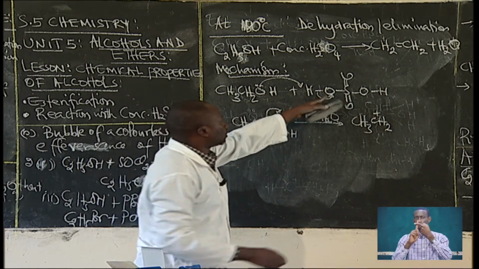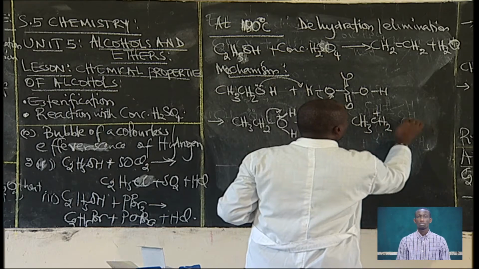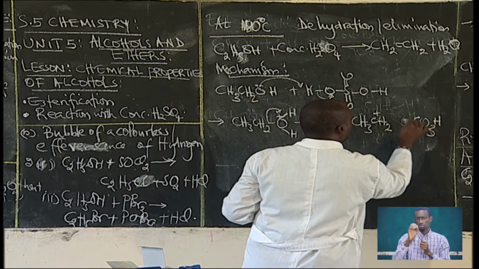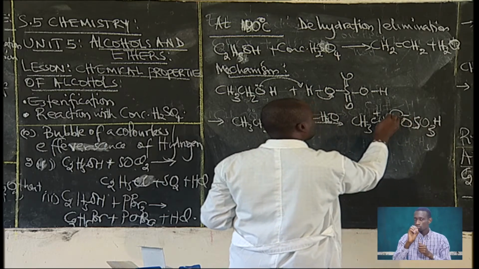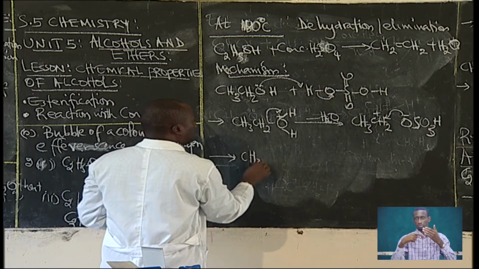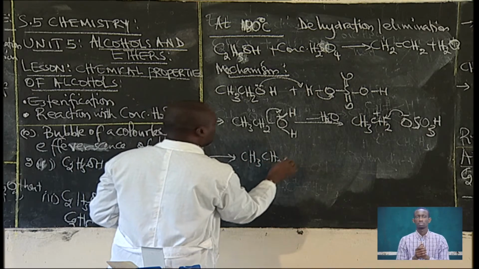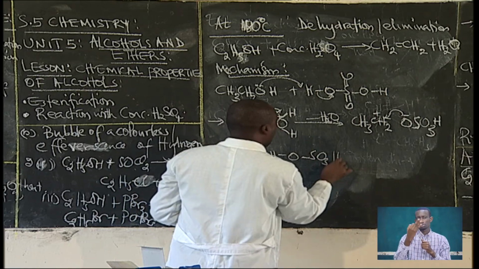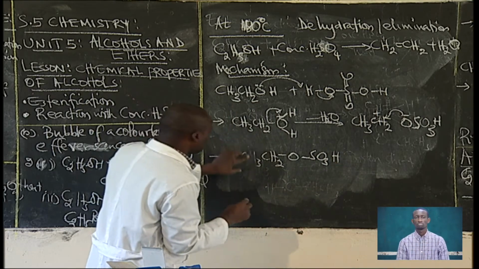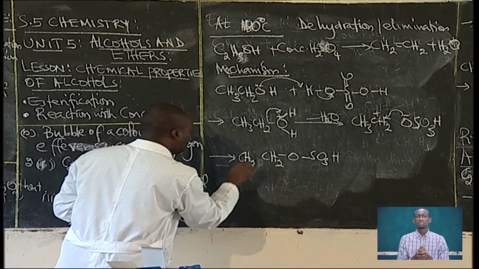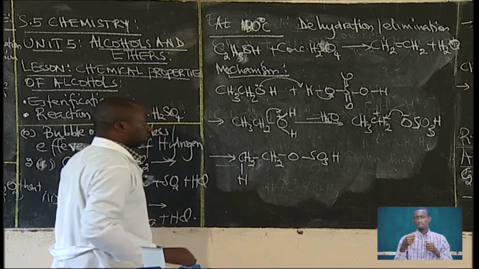So this carbocation now is attacked by SO3H, which has the negative charge. So this one will attack this one. So we have CH3CH2, oxygen, SO3, hydrogen. Look at what is happening here. This is CH2 with another hydrogen.